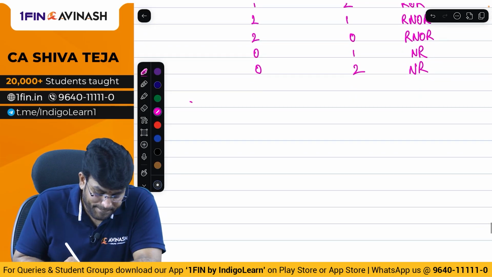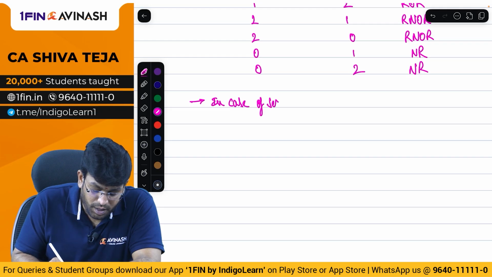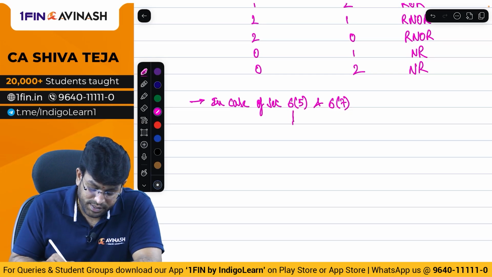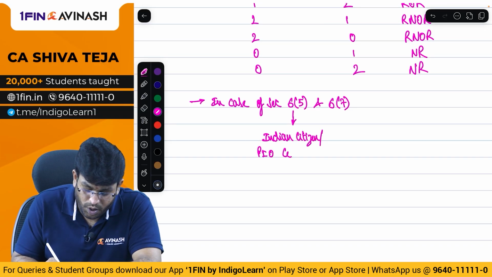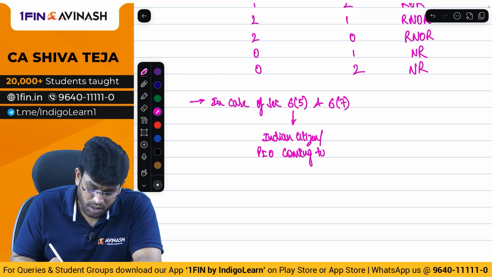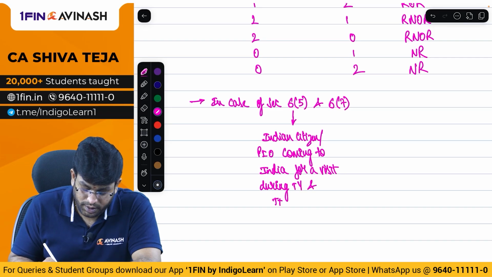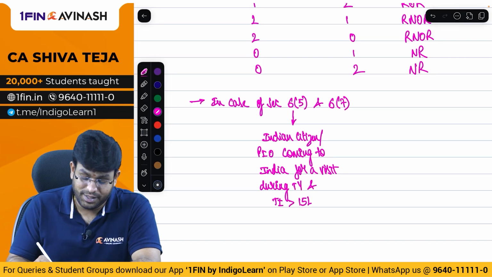Now listen. In case of section 6.5 and 6.7. What is 6.5? An Indian citizen or a person of Indian origin coming to India for a visit during the tax year, and total income other than foreign source is greater than 15 lakhs.